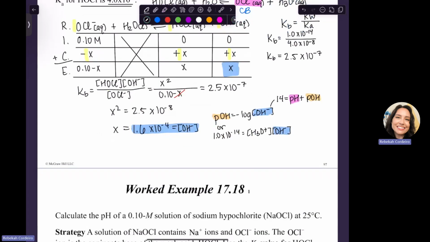If I did this one, then it would be pH is equal to negative log of hydronium. And you can see how I'm kind of highlighting the similarities and how we would work this out. So at the end of the day, I want you to try to work it out and see what you get. Just pick a method.